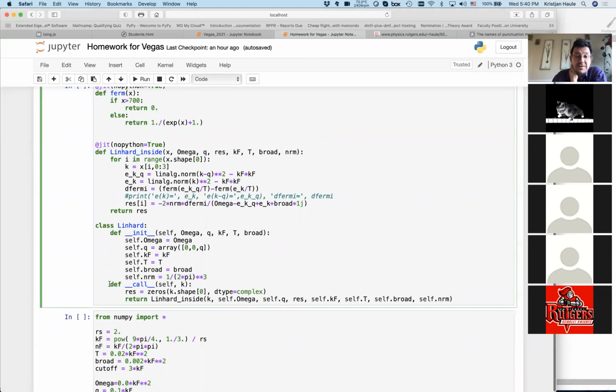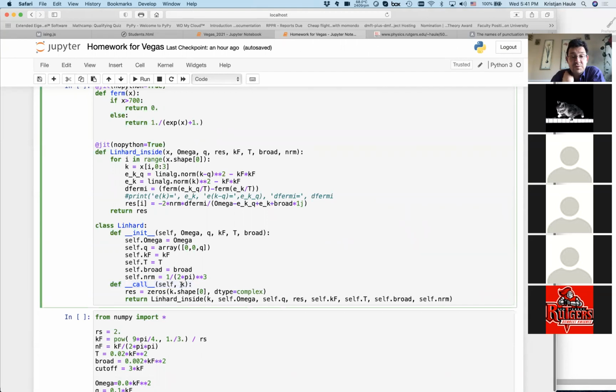Then we define a call function. When you define a call function inside the class, as we discussed in the introduction to Python, this makes the class behave as a function. So whenever you use the class as a function, this call routine is used.